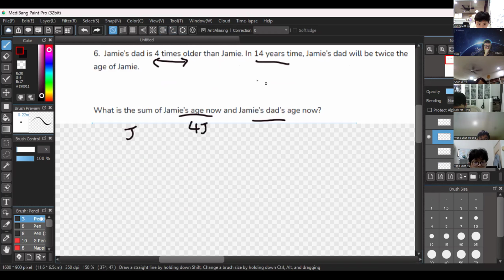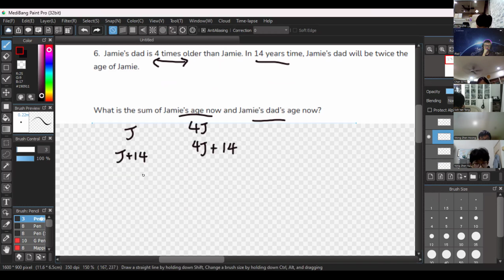And here they say that in 14 years' time, his dad will be twice the age of him. So after 14 years, Jamie's age will be J plus 14, and his dad's age will be 4J plus 14.